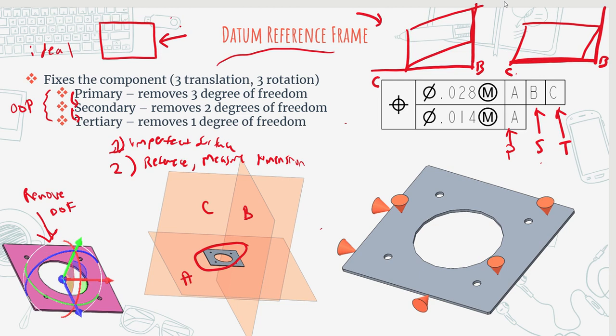This is how it should look if it was a perfect plate, and this is how the imperfection made the plate a little more slanted than what it should. But we oriented it in two different ways here. In this case we did B then C, and in this case we did C then B.